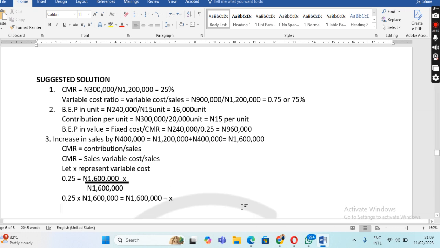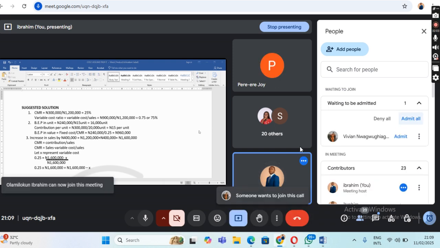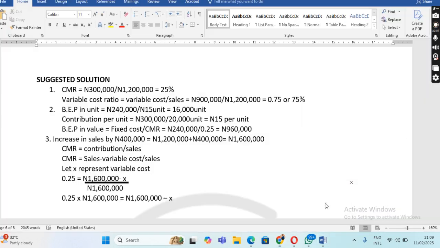Class, give me figure. 0.25 times this. Give me figure quickly. 400,000. Thank you. 400,000 equals this 1.6 minus x.